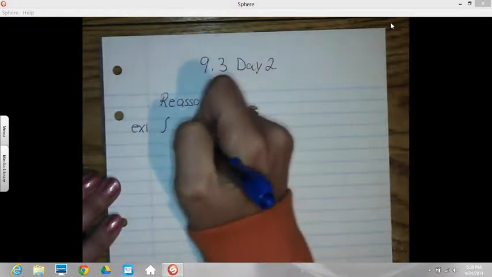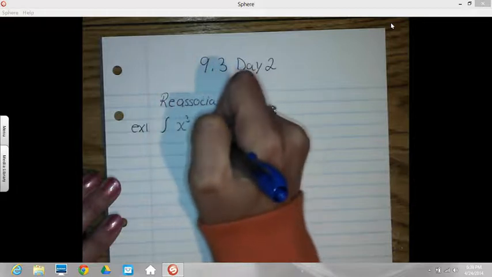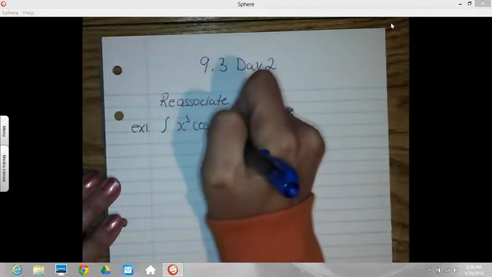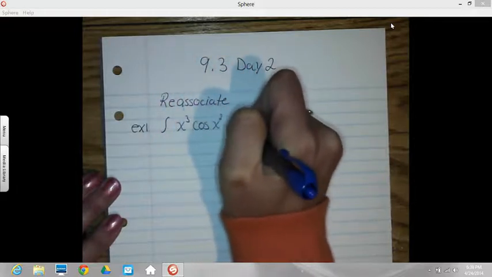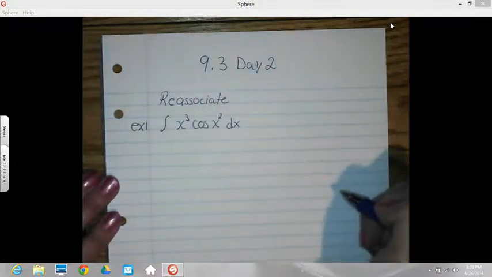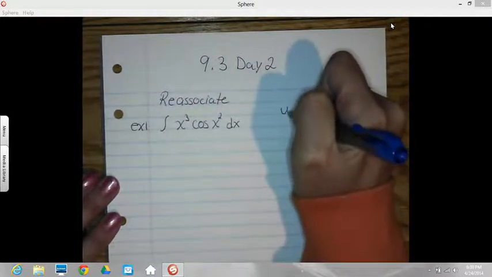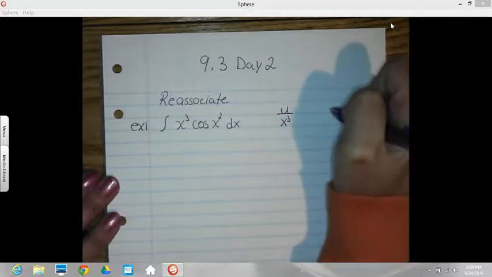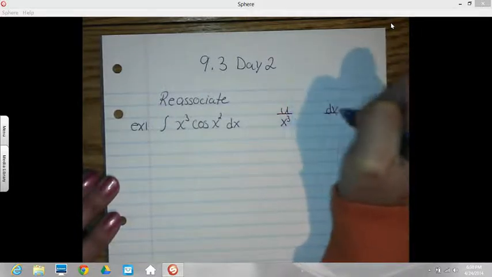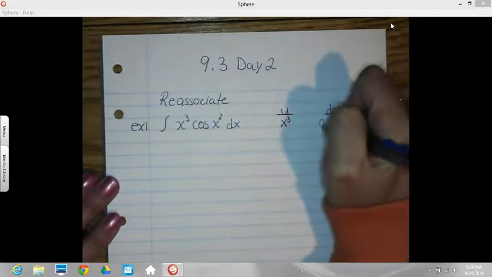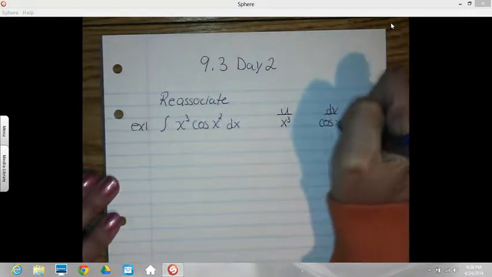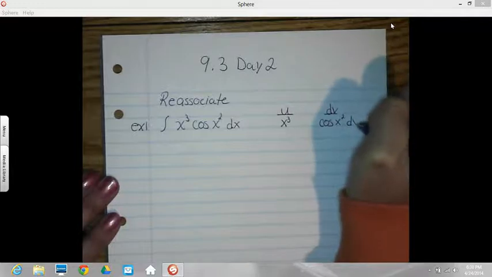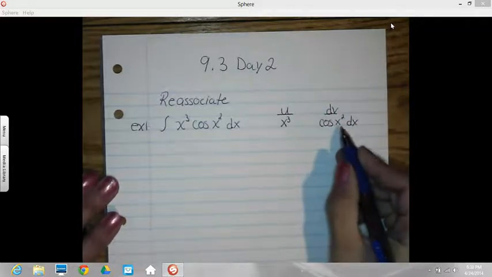We'll have x cubed times the cosine of x squared dx. So you define your u to be the x cubed, and you let your dv be the cosine of x squared dx. And remember, the dv has to be something that you can integrate.